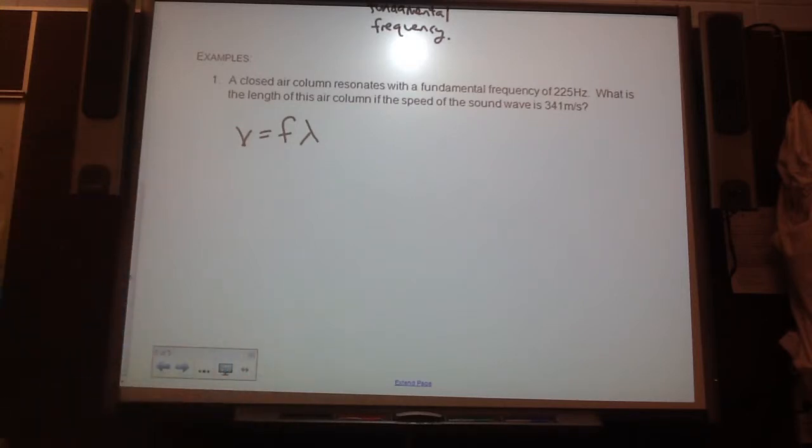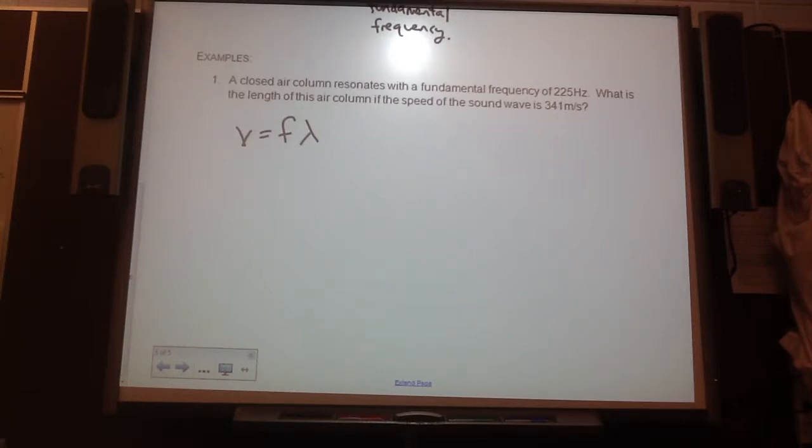Okay, so let's look at this question. A closed air column resonates with a fundamental frequency of 225 hertz. What is the length of this air column if the speed of sound is 341 meters per second? So write down what you know. I'll wait till you're done with the question.